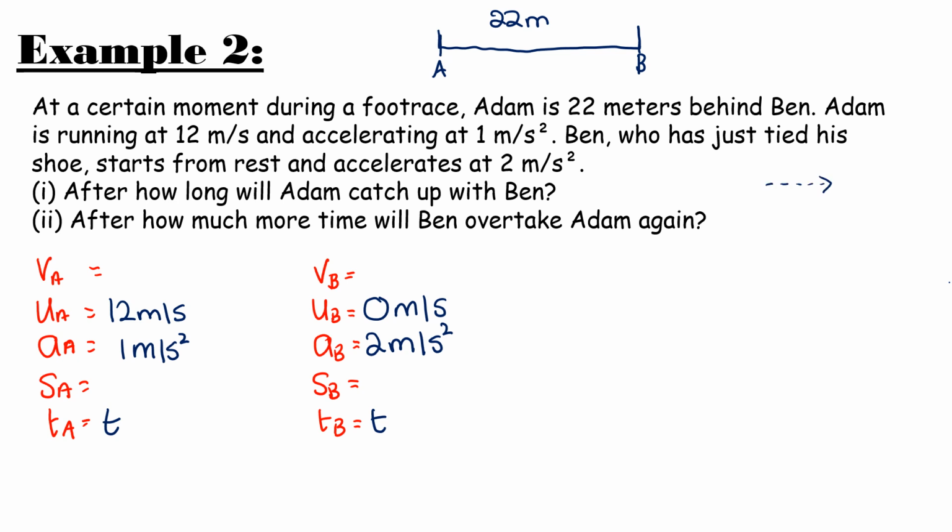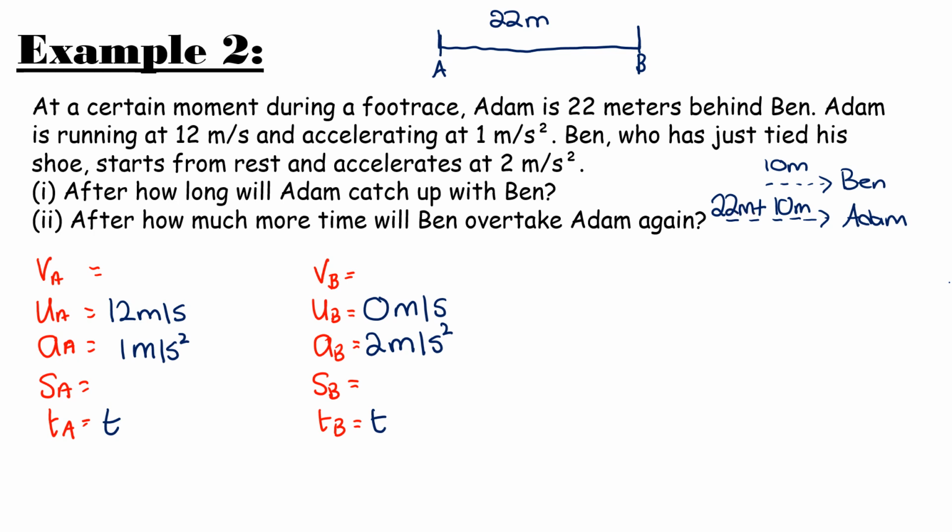So imagine the situation is this. Ben runs on, I'll just put a random number on it, an extra 10 meters, and that's the point where Adam catches up. So in order for Adam to have caught up with Ben, Adam would have had to run that 10 meters, but equally would have had to run the 22 meters that he's behind.